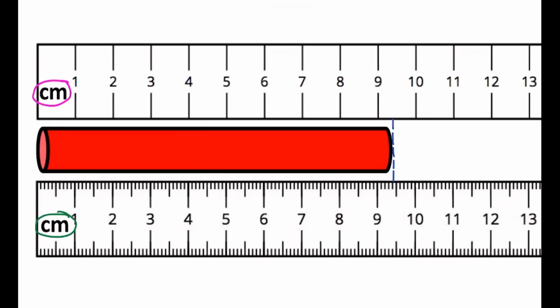So the ruler on the top looks the same as the ruler that we just utilized. So if I'm measuring this rod with the top ruler, because my markings only show me the whole number, my estimated digit is the first decimal place. So what would be a measurement that we can write for that object with the top ruler? 9.